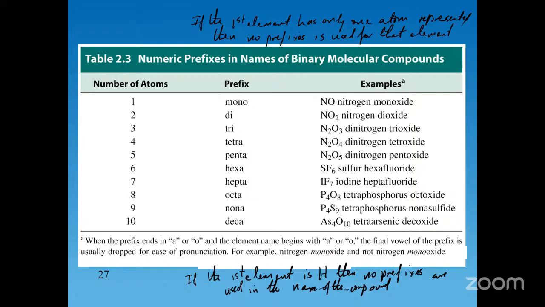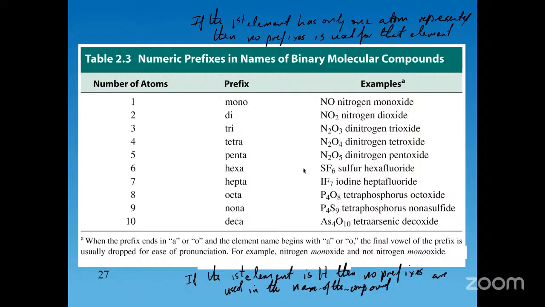Because there's only one atom of nitrogen and it's the first element in the formula, so we do not use the mono prefix for the nitrogen. But we do use a prefix for the oxide, the monoxide, because there's only one oxygen atom present, but that's the second element. Therefore, the full name of this compound is nitrogen monoxide.